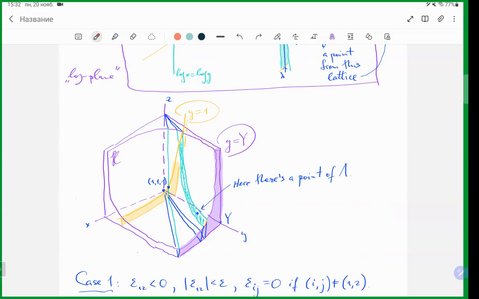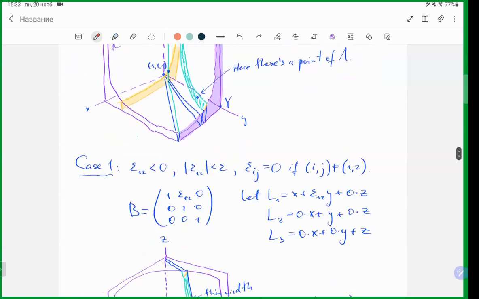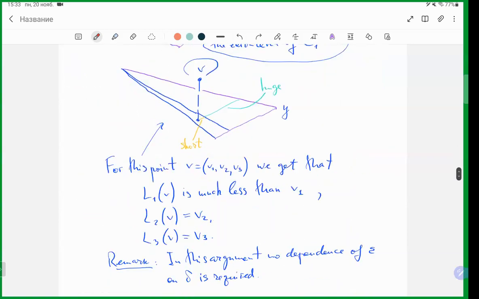So now I want my deviated form to be close enough to the form of the first coordinate, so that this parallelogram is high enough.